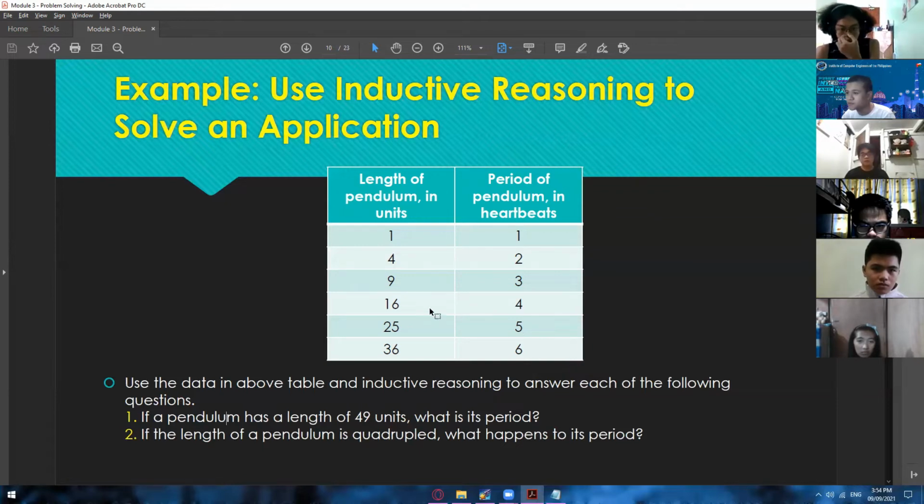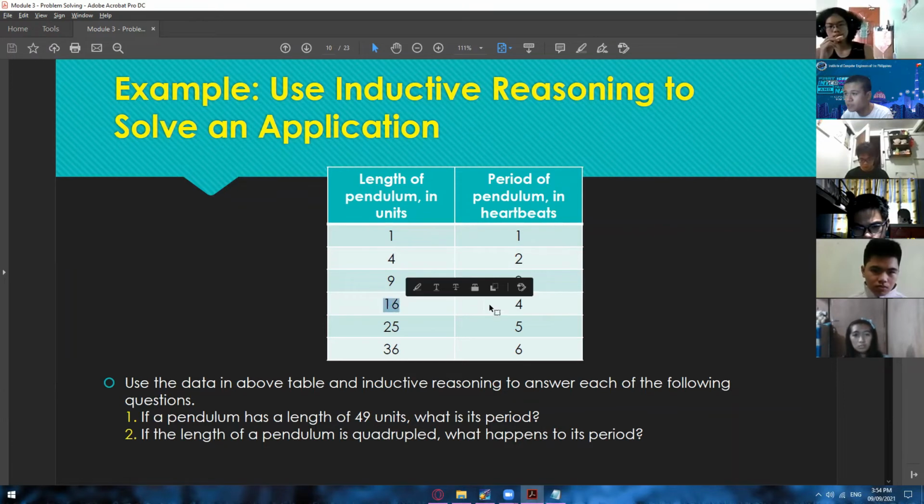I was actually looking for another question, but yeah, if it's quadrupled, your heartbeat will double. If you take a look at this one also, the 4 was quadrupled, so the heartbeat will also double.